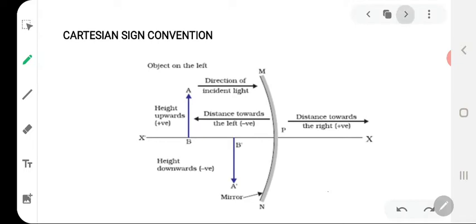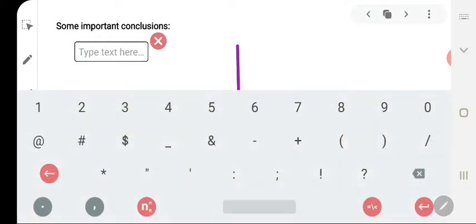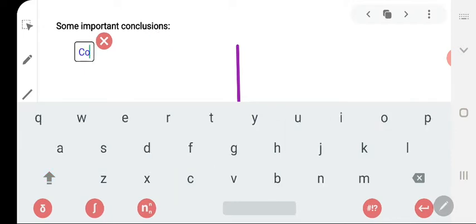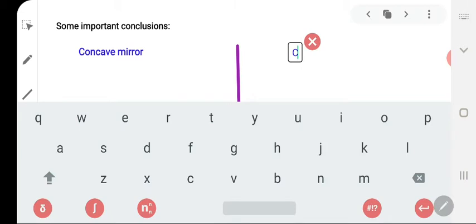So we can draw some important conclusions from the sign convention. It will be convenient to remember these if we write down these conclusions separately for concave mirror and convex mirror.